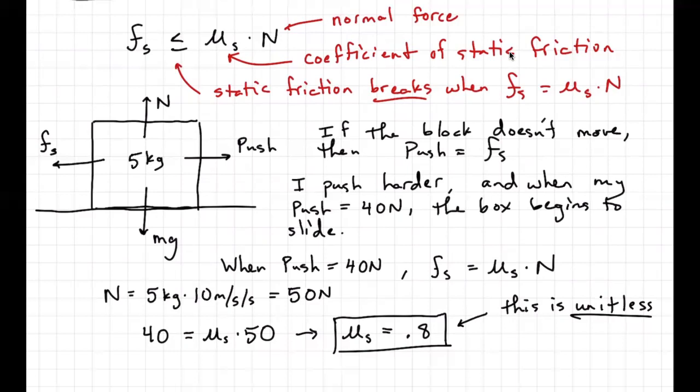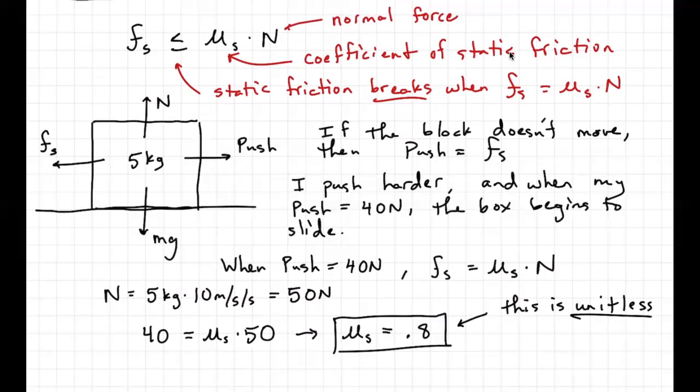That's a unitless quantity. And the 0.8 is describing all of the material interactions between the tabletop and the box here, which could be extremely complicated, but we're boiling all of that down to one number. And that number should be the same as long as I'm using the same box and the same tabletop. If I'm using a different box and a different tabletop, or two different materials, that number will change.